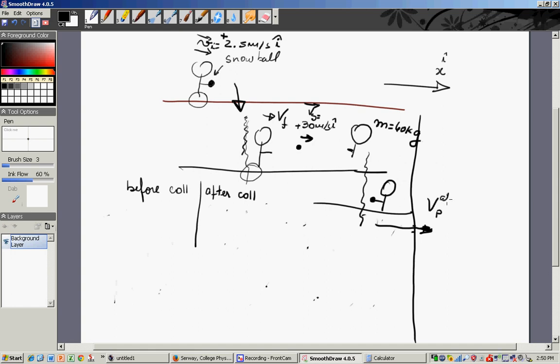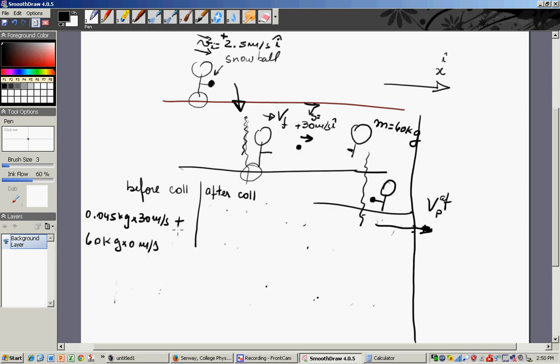So before, I have a ball that has a mass of 0.045 kilograms moving with a speed of 30 meters per second. That's the momentum before, plus a person that has a mass of 60 kilograms, but its velocity is 0. This is the total momentum before.